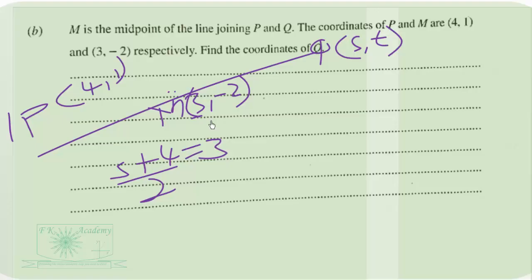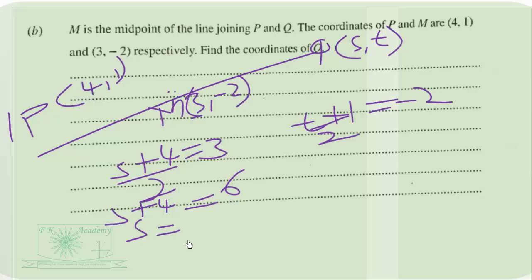Then if I also add T and 1, and I divide by 2, I should get negative 2. So S plus 4 should be equal to 3 times 2, which is 6. So S will be equal to 6 minus 4, which is 2.